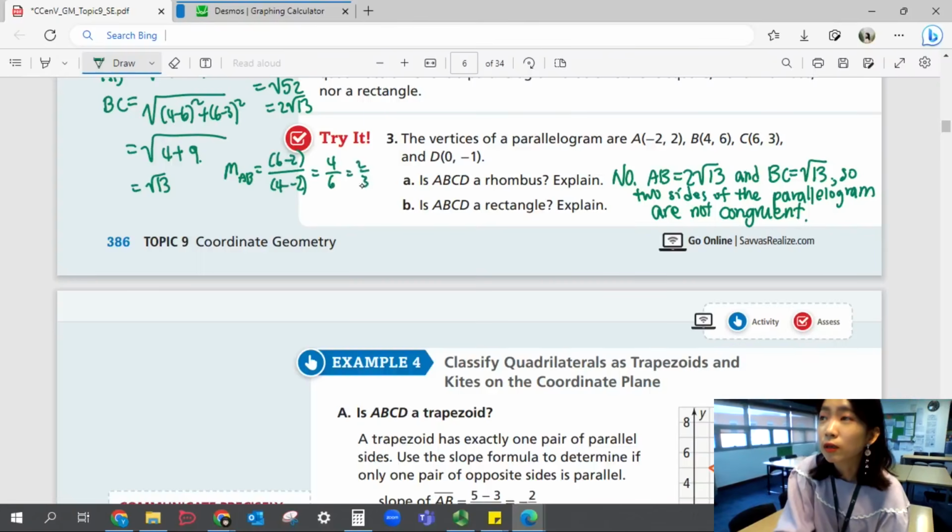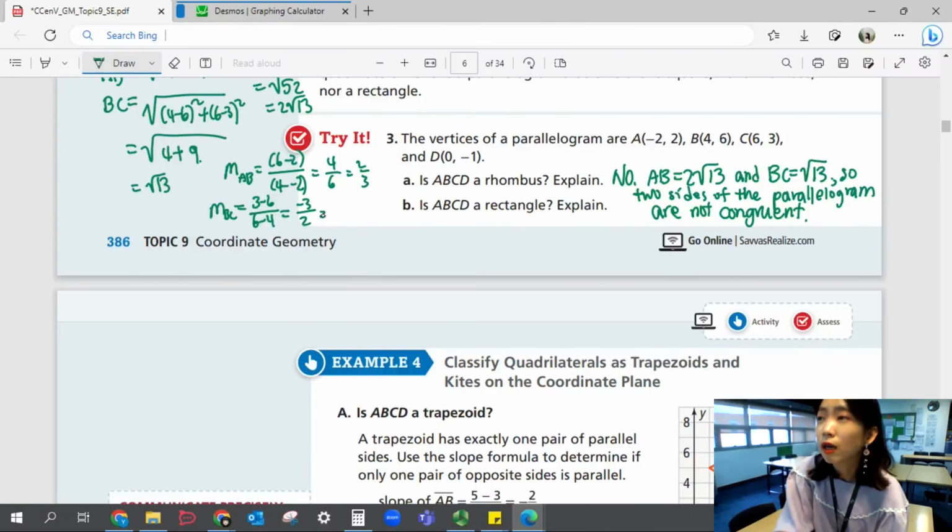So that's 2 over 3, okay? Slope of BC is going to be y first, right? 3 minus 6 over 6 minus 4, which is negative 3 over 2.